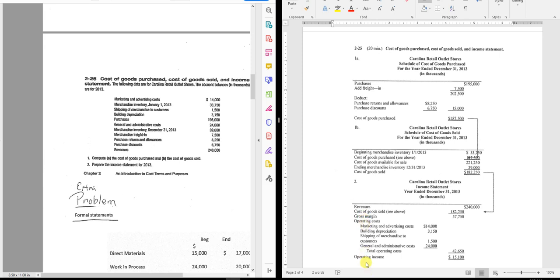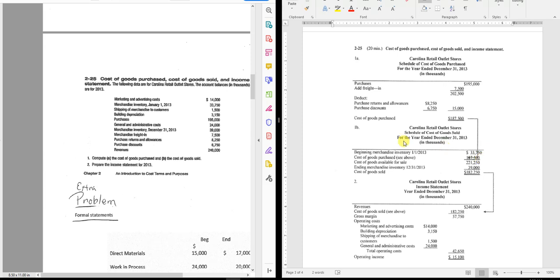Okay, then the next thing I want to introduce you to is a cost of goods sold statement. The cost of goods sold statement, you need to know this. It is beginning inventory plus purchases equals available for sale, minus ending inventory is cost of goods sold. Okay, it printed out weird from the instruction manual.